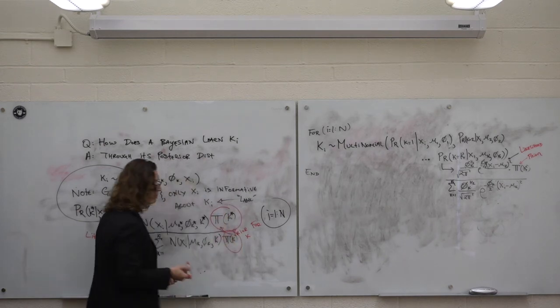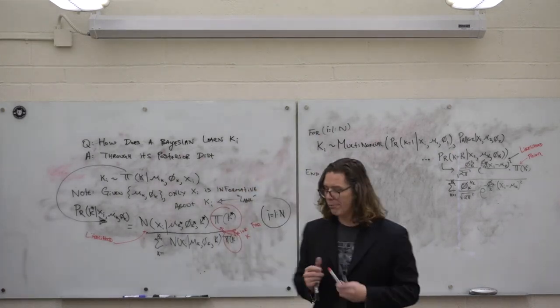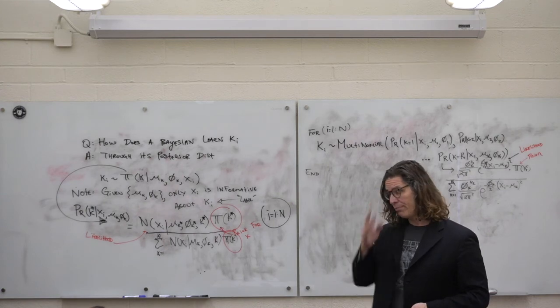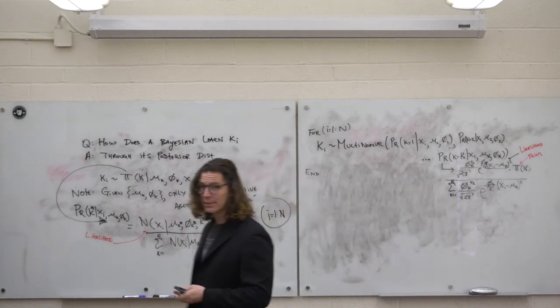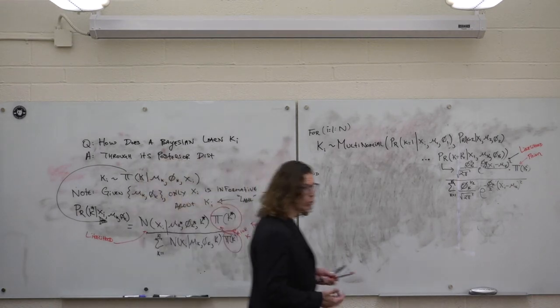So how do you choose it? If you knew what the pi k's were, if somebody told you up front what the pi k's were in the original sampling algorithm, then you would use that. If you don't know what they are, then you might use it to be uniform.